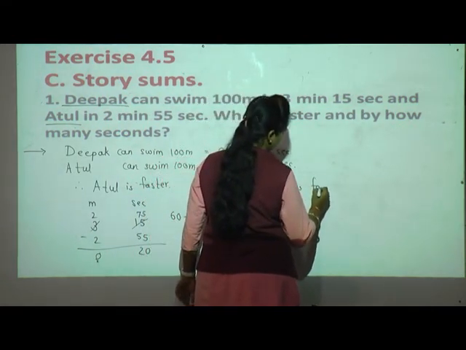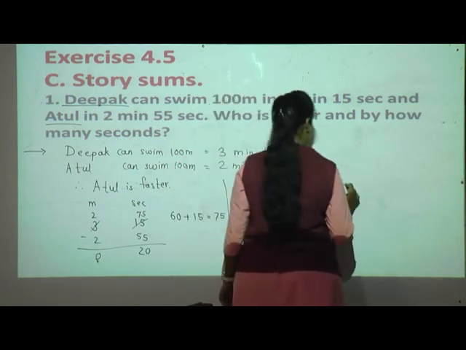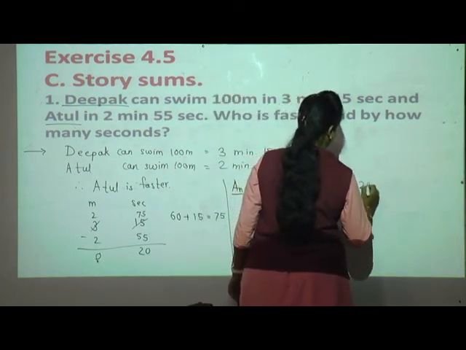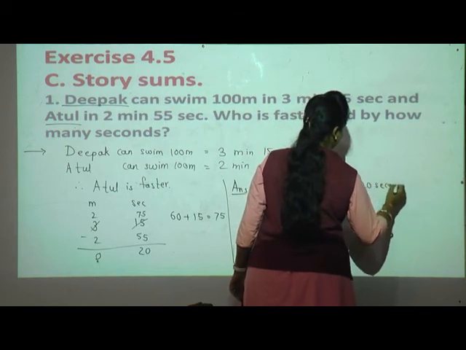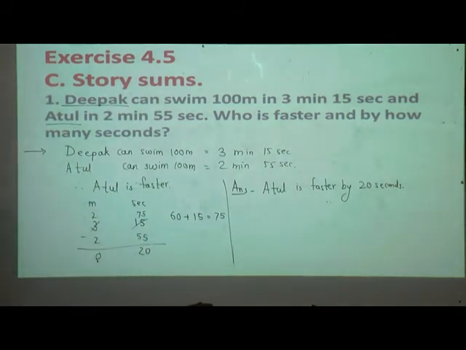Atul is faster by 20 seconds. See here I don't have space, so I have written here. You don't write in this way. You write downside only. Clear? Yes, very good. Now we will go to the next example.